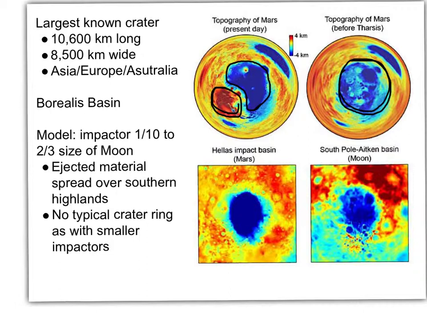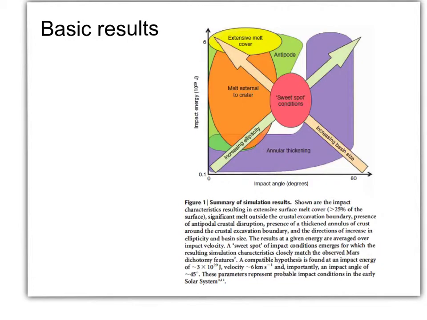Based on the angle of the impact and the size of the impactor, you may or may not get material thrown up high enough to coalesce into a large moon around Mars.